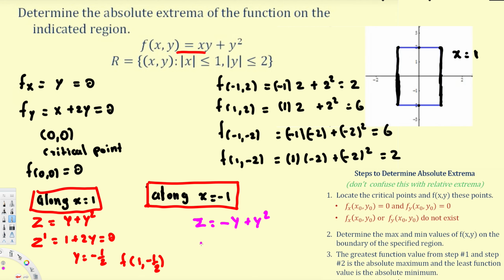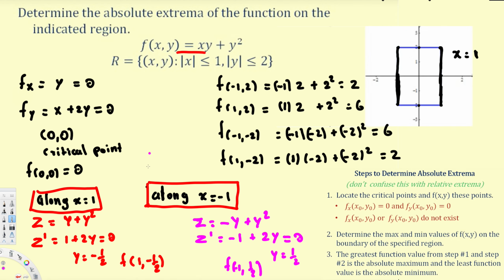Now if we take the first derivative of this function, this is going to give us negative 1, and here we are going to have 2y, and now we equate this to 0. From this we get y is equal to positive half, and x is negative 1, y is positive half, so our function value is going to be f(-1, 1/2).